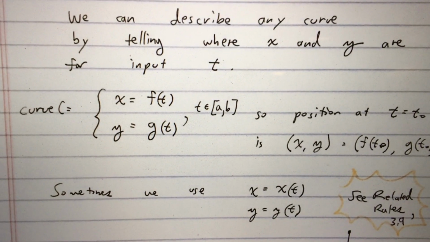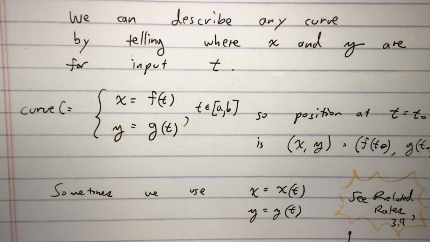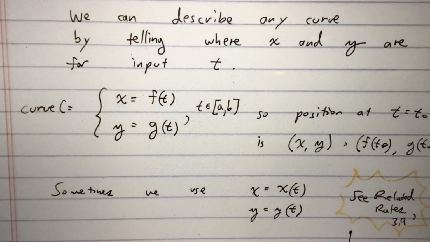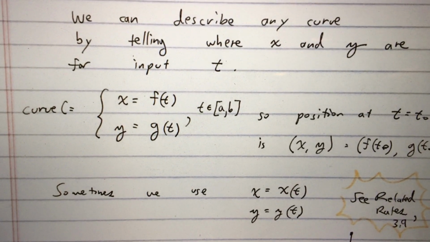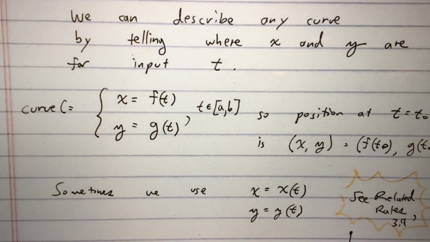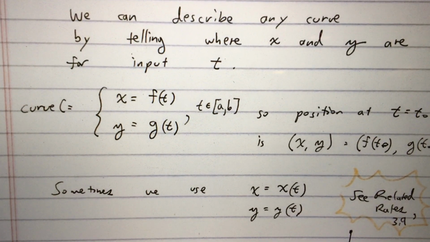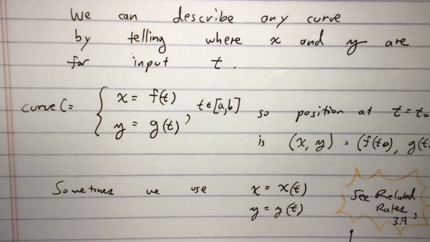And there on the left I did mention that sometimes we skip that f and g and just call it x equals x of t and y equals y of t. That's faster and more efficient, and as long as it isn't confusing, we can go ahead and just call the function the same thing as the output.